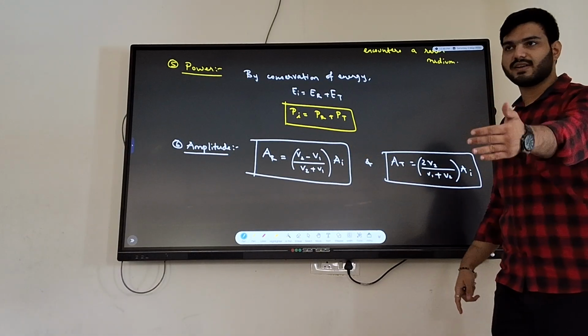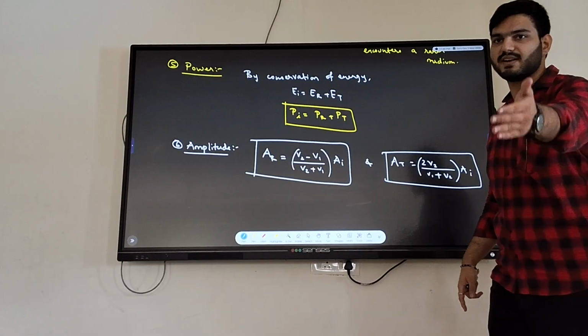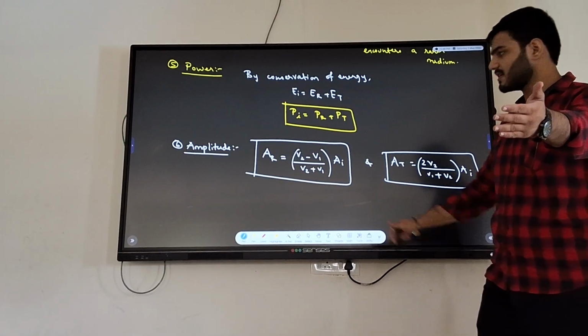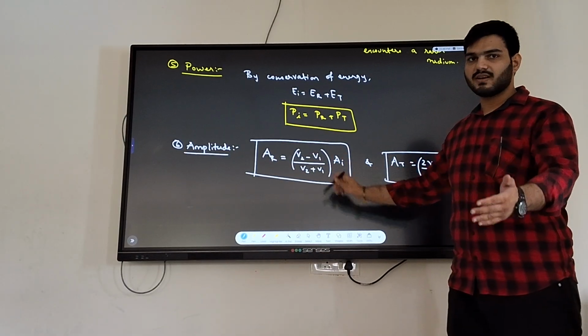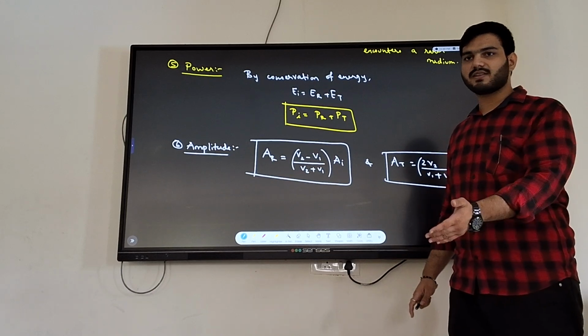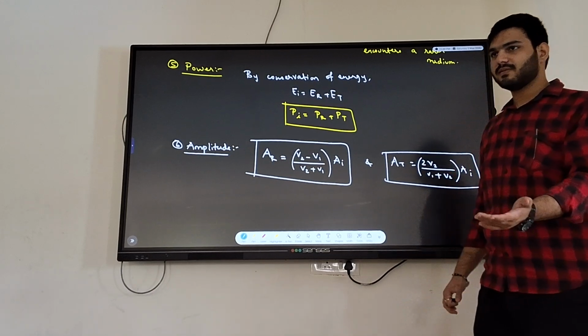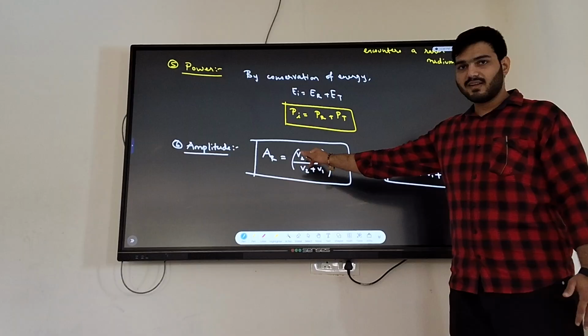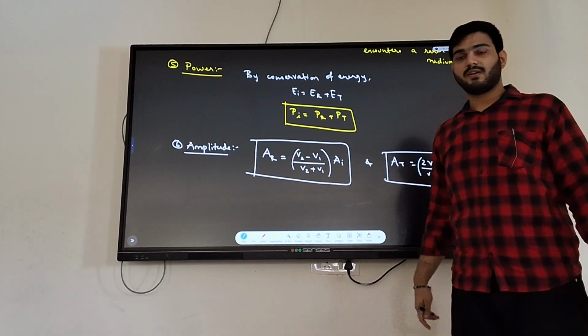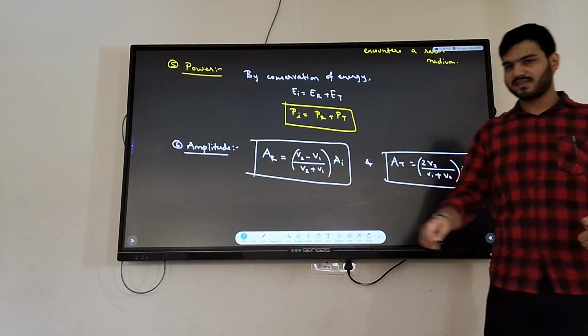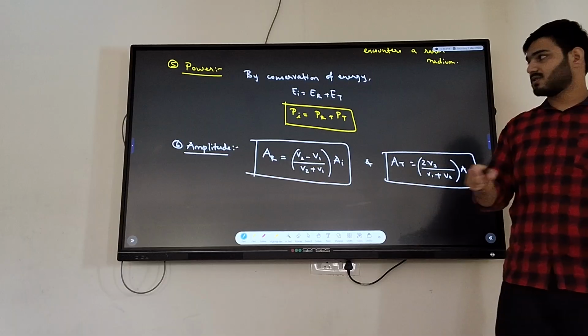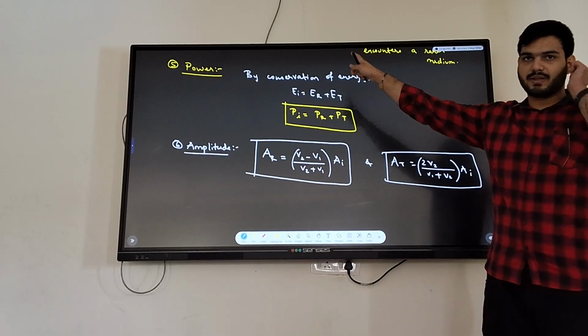When you enter a rarer medium, speed increases, right? That's why V2 is greater than V1. V1 less than V2 or V2 greater than V1, it is the same thing, okay? So when will your speed increase? When you enter a rarer medium. Then what is the phase change? Zero. That we have already written.